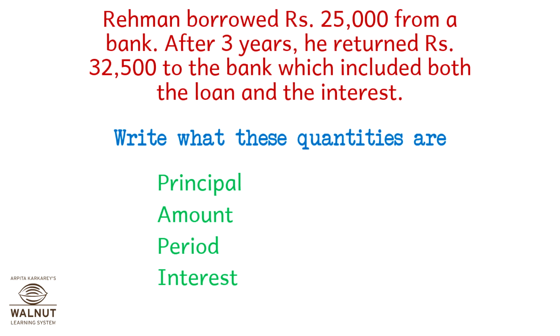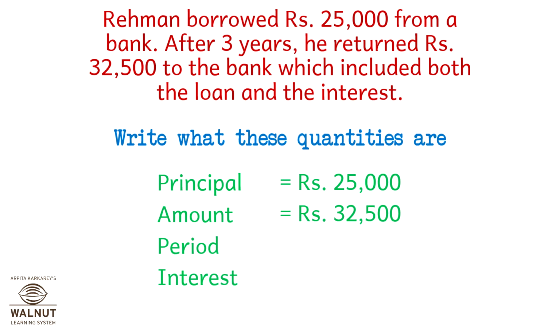Let's move ahead. Rahman borrowed rupees 25,000 from a bank. After 3 years, he returned rupees 32,500 to the bank, which included both the loan and the interest. Write what these quantities are. The principal P is obviously rupees 25,000.